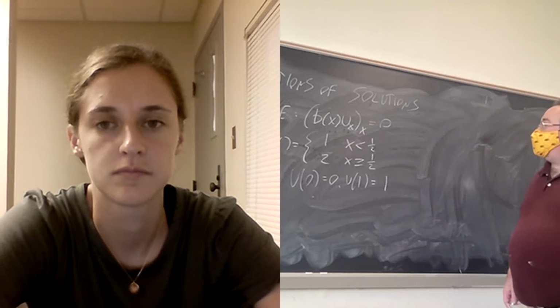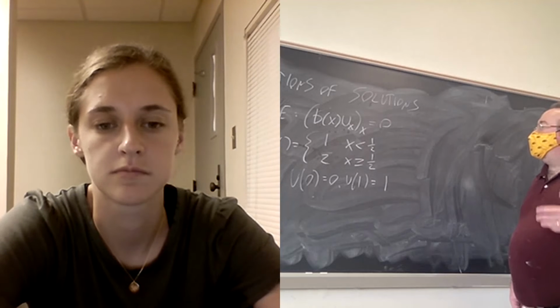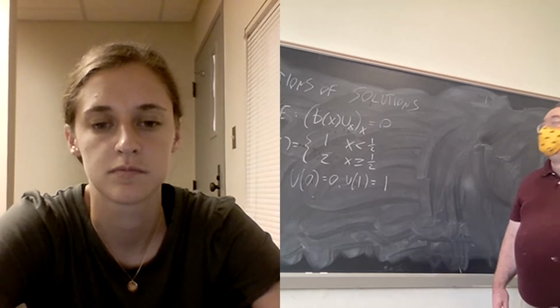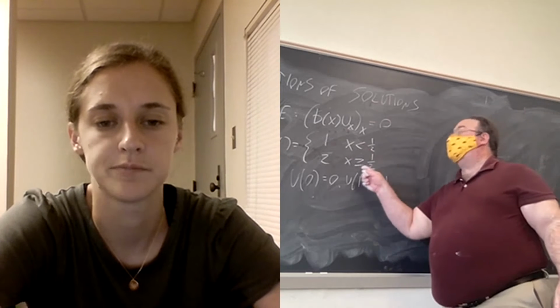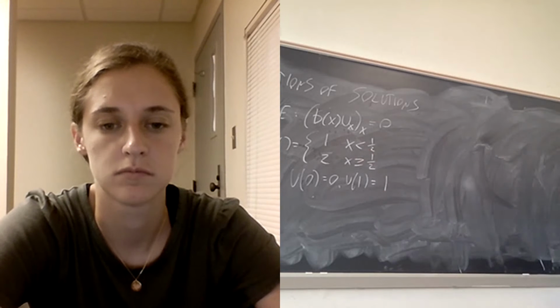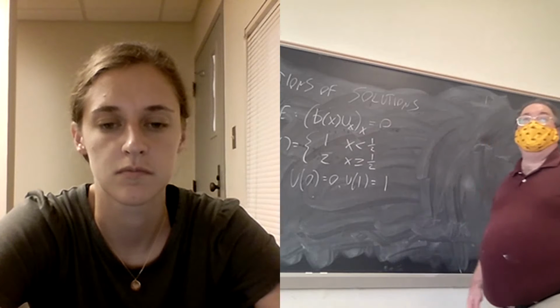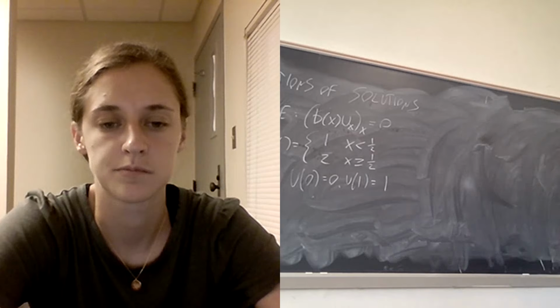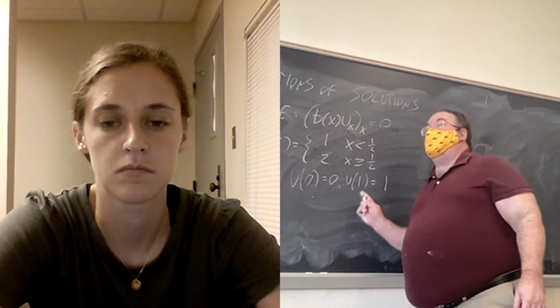So b of x times u_x would be equal to a constant, but the constant may be different for this subdomain versus this one. And then you would integrate again. So then you'd have a linear function on this side, but it could be different for the two subdomains. And then you make sure that it satisfies these two boundary conditions.